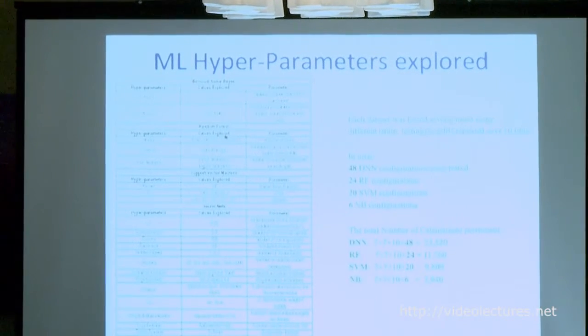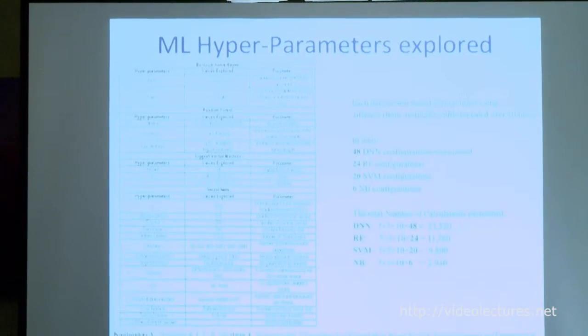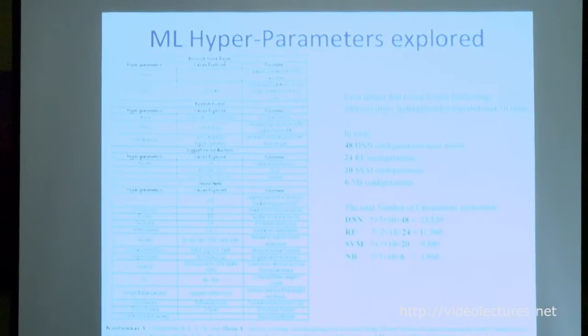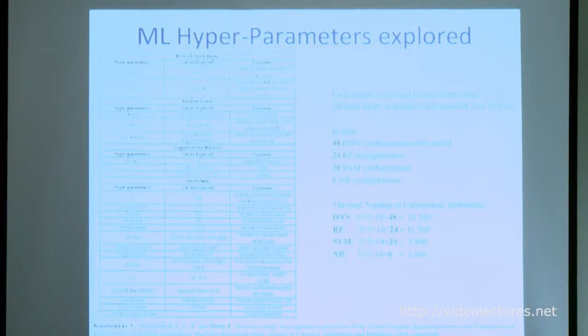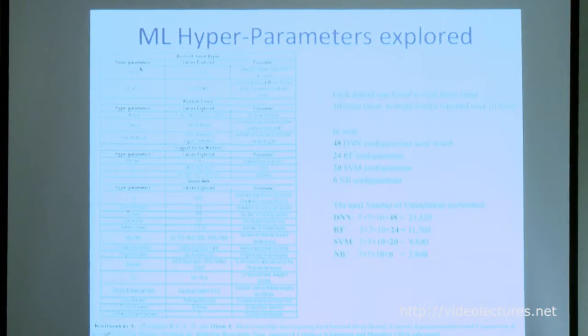Then we compared. In order to have a fair comparison, we want to optimize the performance of deep learning, and we also want to optimize performance for other machine learning algorithms. So for each method, I make a list of hyperparameters.